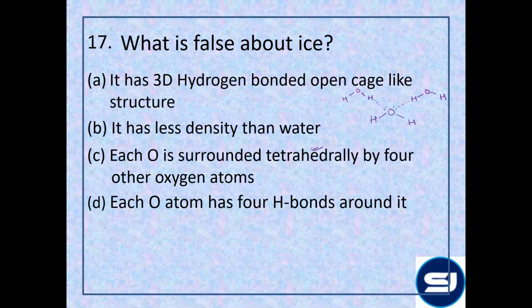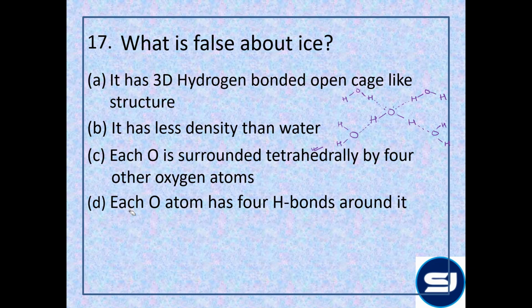So actually this is a wrong statement. It should be surrounded with hydrogen atoms. In fact, this H will also be attracted to the oxygen, and this H will also be attracted to the oxygen. So actually one water is surrounded with 4 hydrogen bonds and 4 other water molecules. So instead of each oxygen, the correct statement would have been each water is surrounded by 4 other oxygen atoms, something like that.